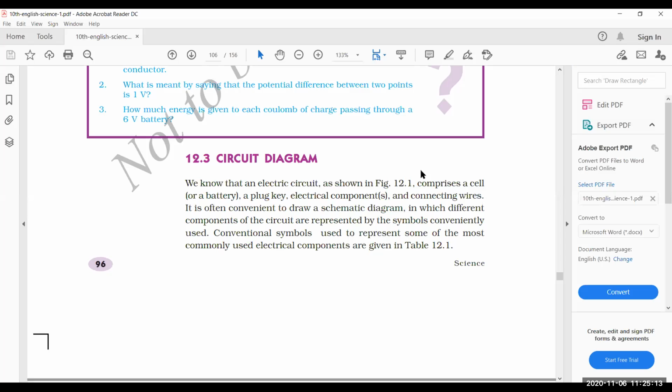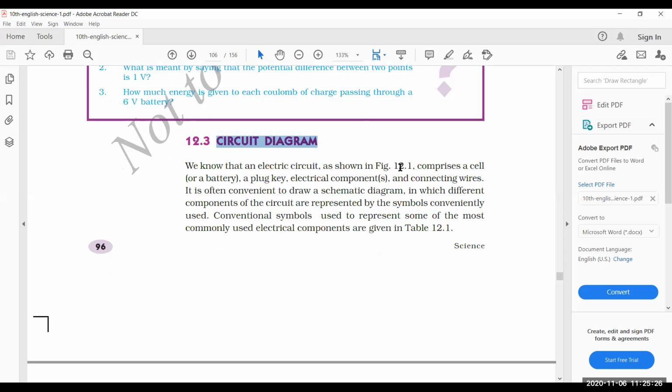You think about electricity and electric circuits. The circuit diagram is the most essential part of electricity. Diagrams include a number of designs and parts: usually an electric circuit, plug key, battery, ammeter, voltmeter, then resistor.